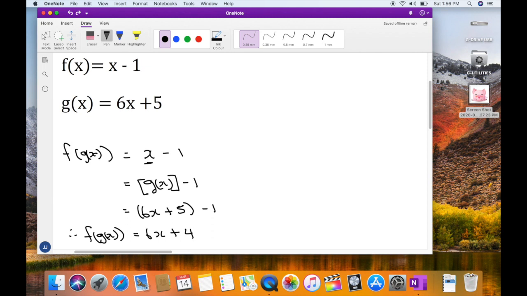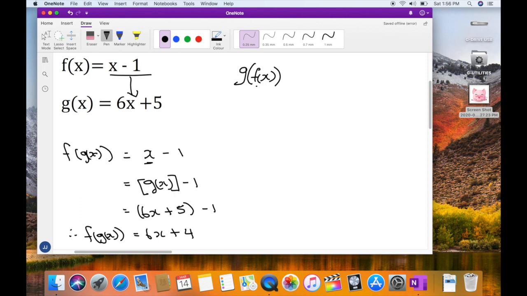So I could also do it the other way around. I could actually ask for the g of the f of x. So what I'm doing in this case is I'm taking the f of x, right? And I'm putting it inside the g of x, yeah?